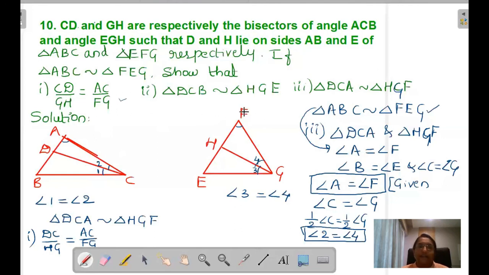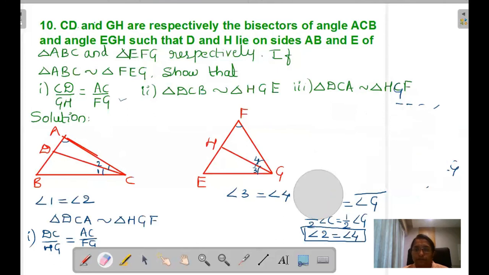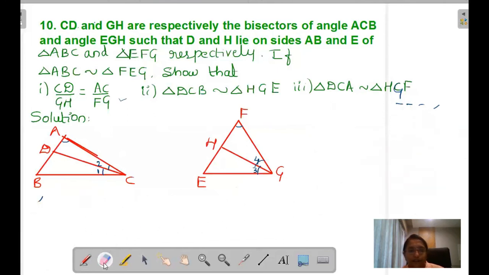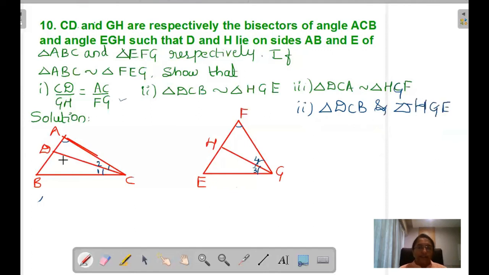Now we'll take the second one. Second proof. So here the place is a little bit less, so in this one we have to adjust. So the second one, triangle DCB and triangle HGE.